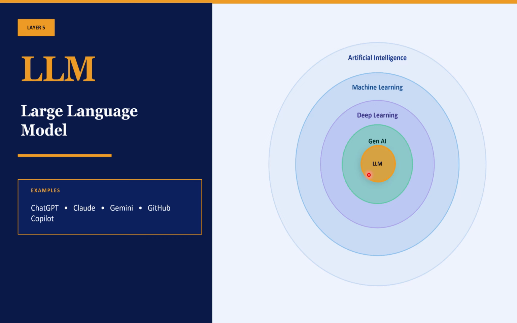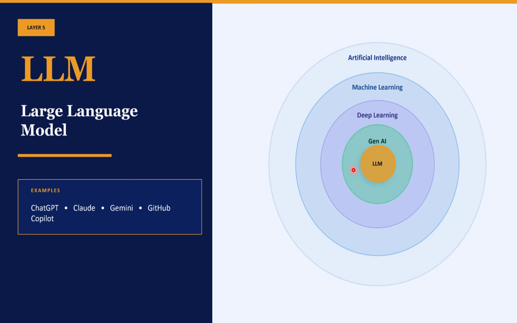Now comes the most important, innermost circle, LLM, large language models. So LLMs are a type of generative AI trained specifically on human language at a massive scale. They are trained on data like code, documentation, bug reports, and test cases.